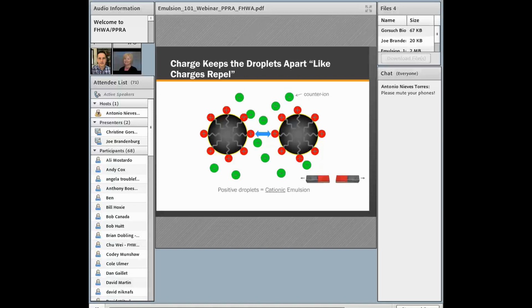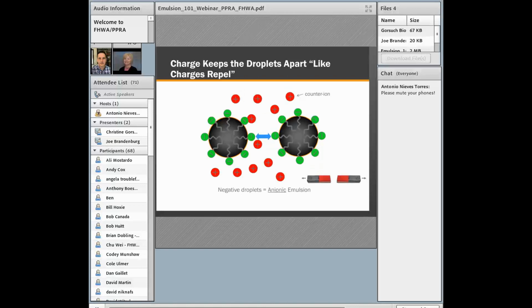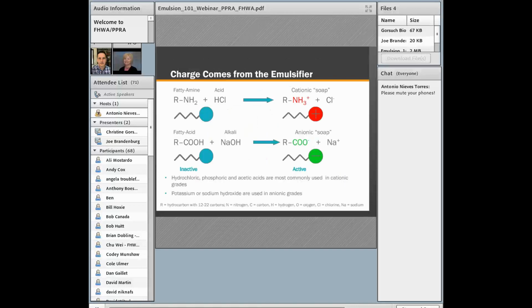It's the same type of thing. These like charges repel each other, and they keep the droplets from sticking together. For anionic emulsions, it's the opposite charge. We have a negative charge on the surface of the droplet, and that's what keeps the droplets apart.